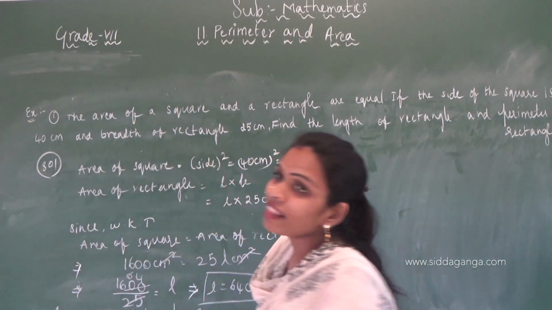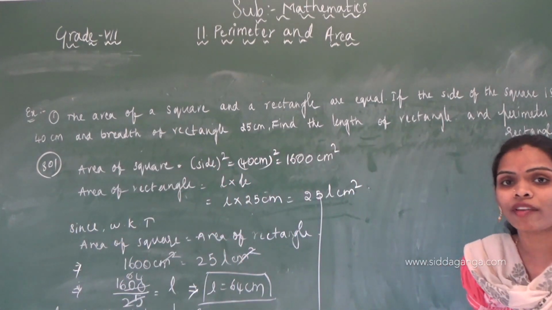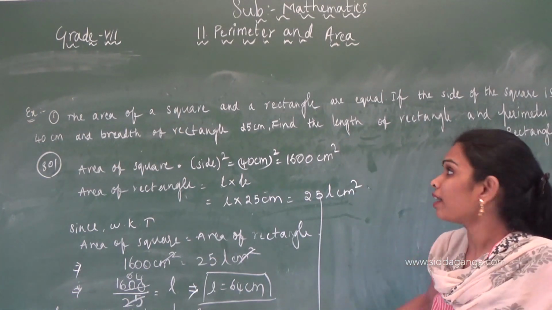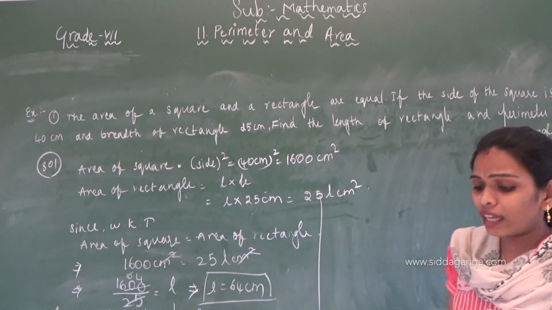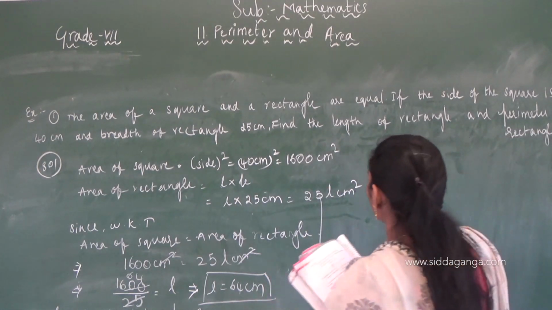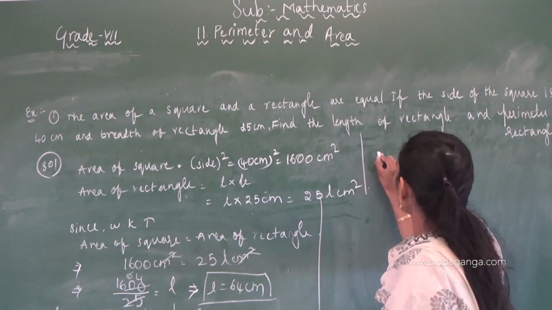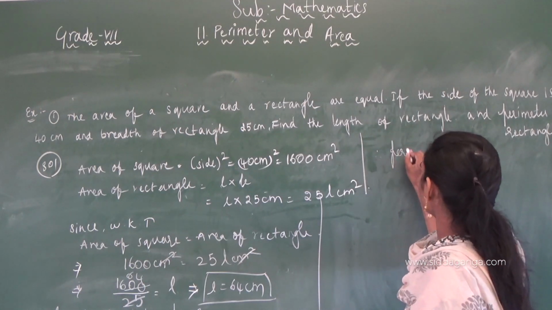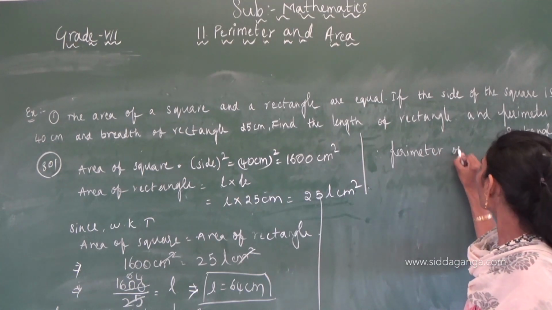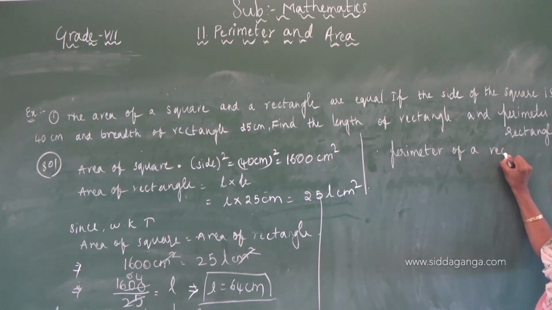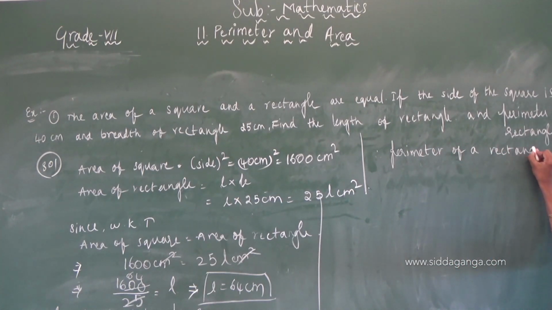We know the length and breadth of the rectangle. The length is 64 centimeters and the breadth is 25 centimeters. Then we can write the perimeter of the rectangle.